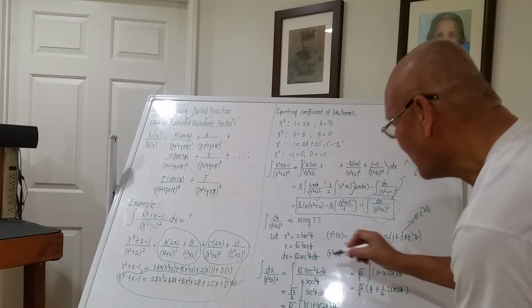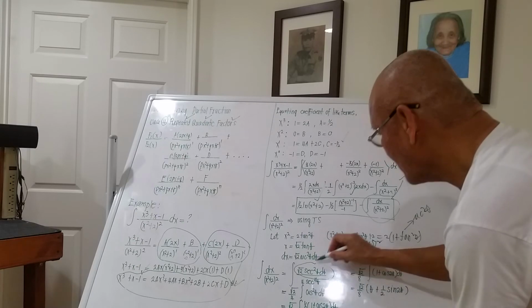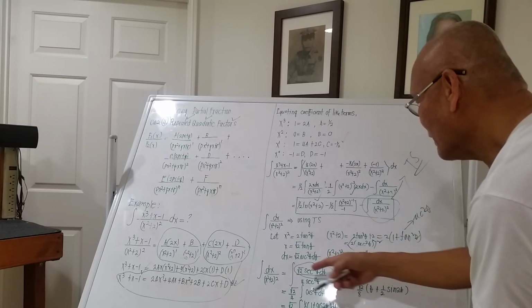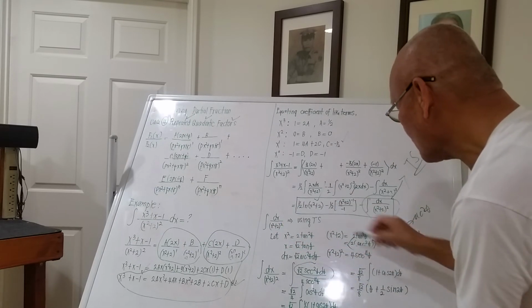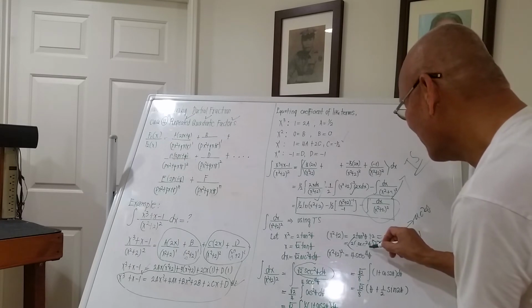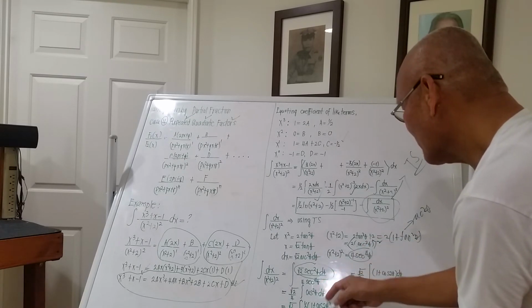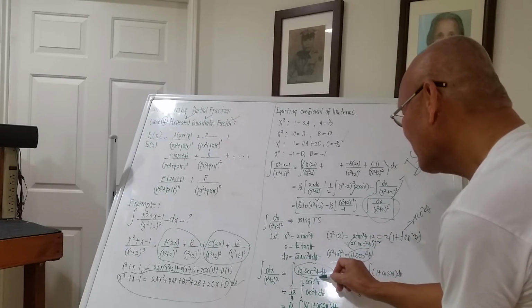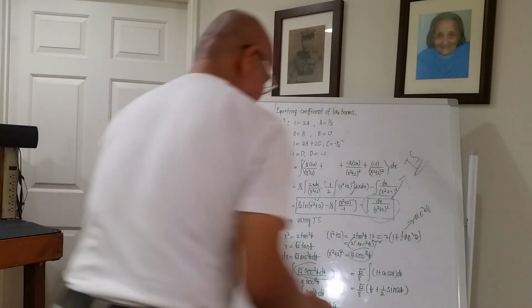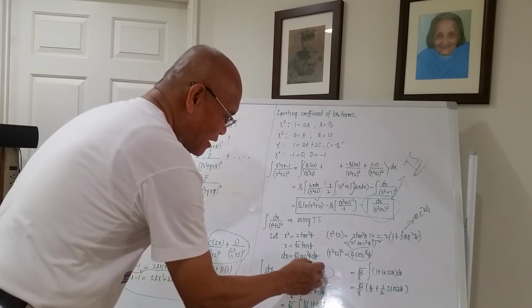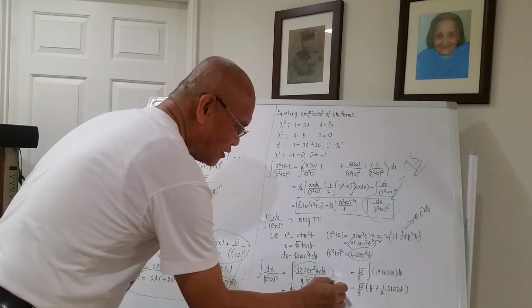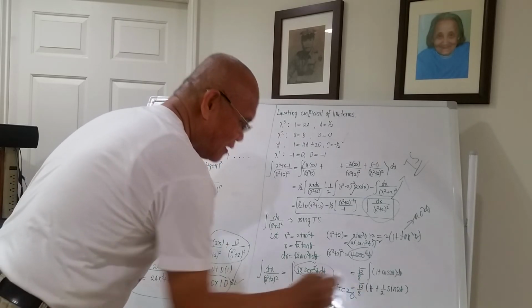What is dx? Dx is this. And the value of (x squared plus 2) quantity squared is actually this one. We place it under it. So one secant squared will cancel. What remains at the bottom will be secant squared of theta.